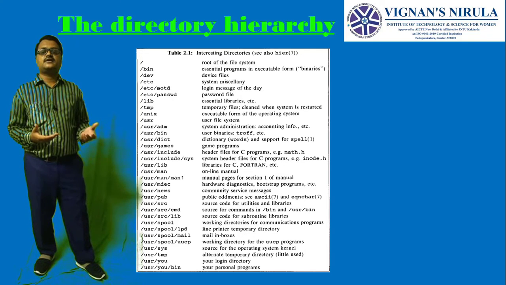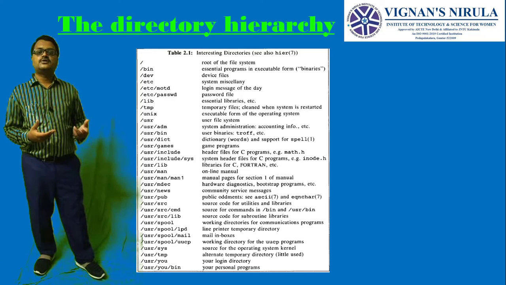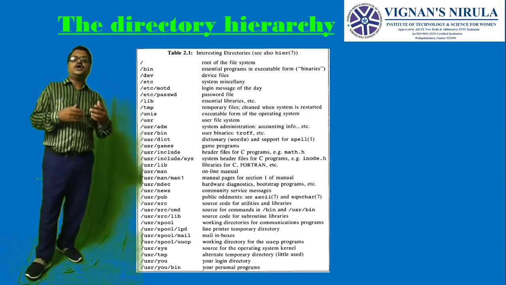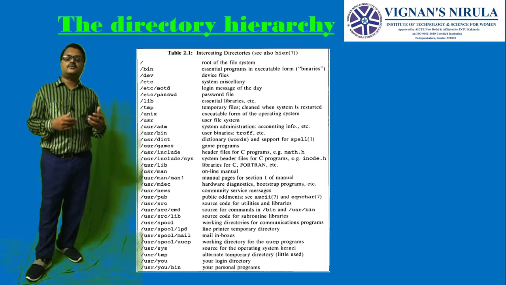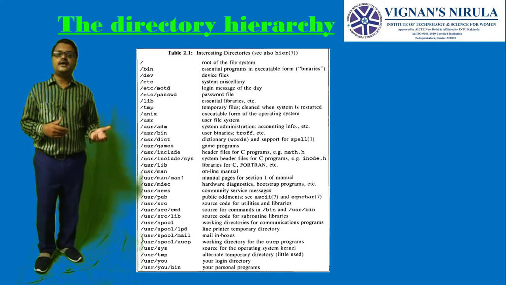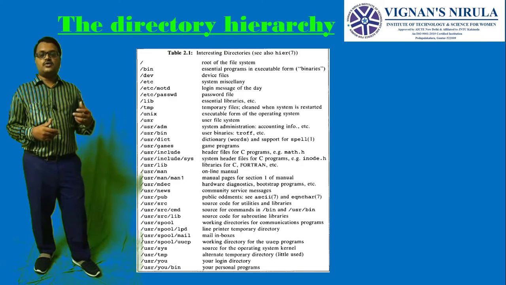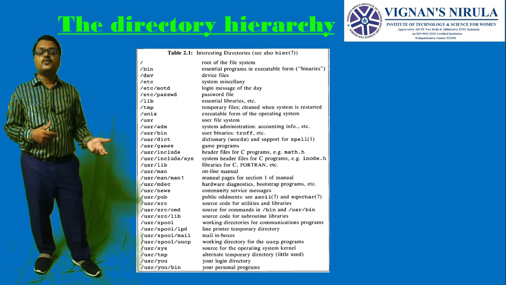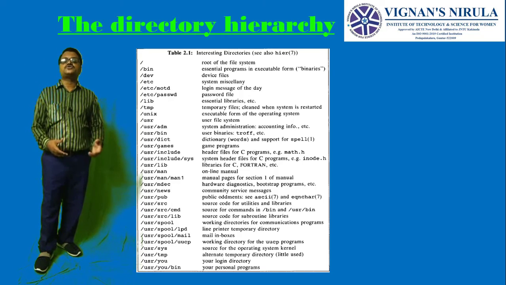There is also a directory /usr/spool for communicating messages, such as /usr/spool/uucp and /usr/spool/lpd, the line printer device, which is part of this spool. And the home directory's bin directory contains the user programs. So this is about the directory hierarchy in a Unix operating system.